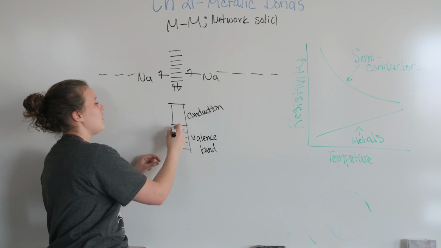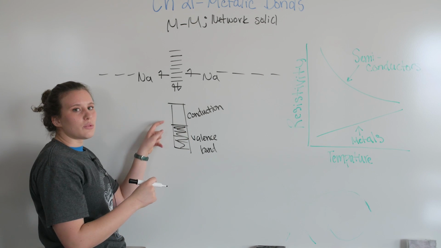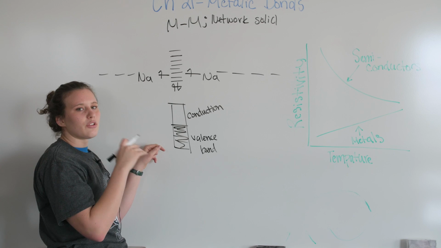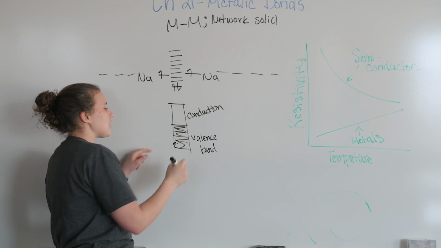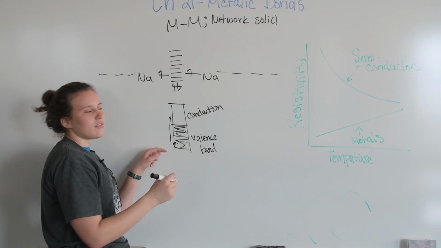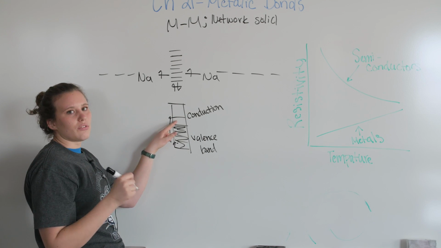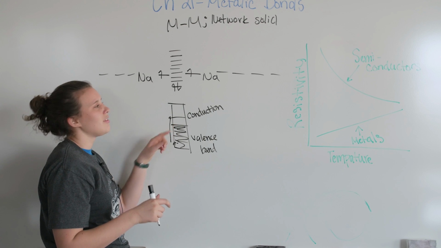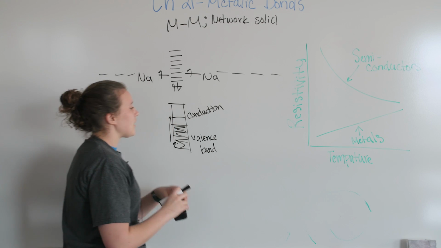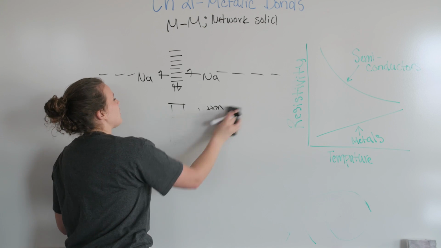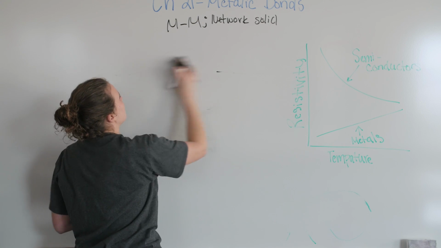Because there's no difference between any of these different bands, the electrons can go to any band they want. So maybe an electron right here can go to a band up here, to an energy level or a shell that's up there. So I'm going to erase this. If you want to relook at it, you can rewind it. But pretty much what we get from this idea is what we teach you in class when we say a sea of electrons.